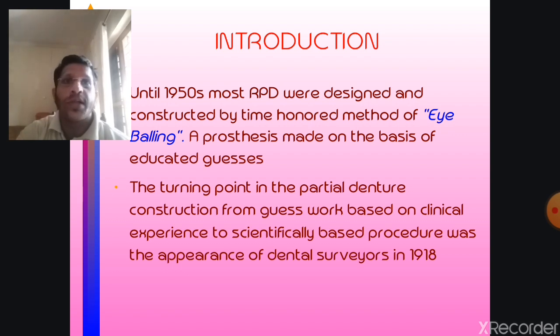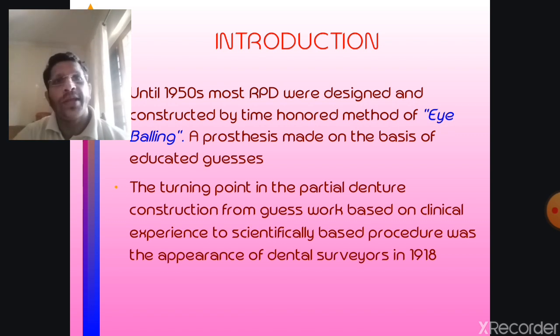Here, the importance of surveyor and surveying comes into the picture. Earlier, before the invention of the surveyor, it was guesswork or eyeballing which was used to locate the position of height of contour or block out. But with the advent of the surveyor, it became more scientific and easy.